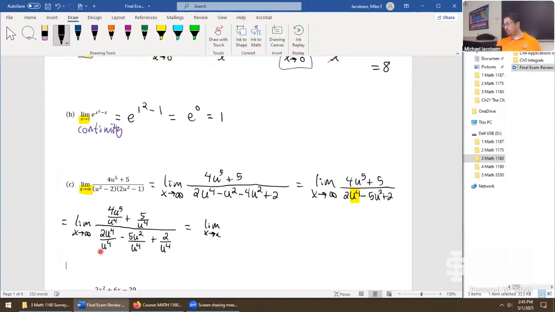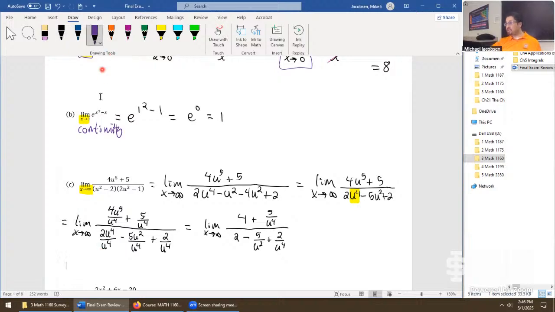Limit as x goes to infinity of now 4 plus 5 over u^4 in the numerator. Denominator is going to be 2 minus 5 over u squared plus 2 over u^4.